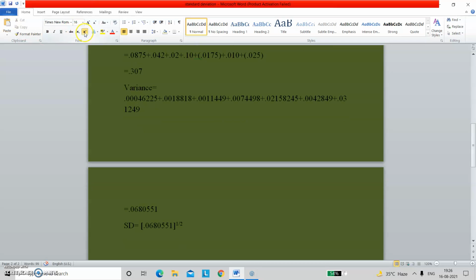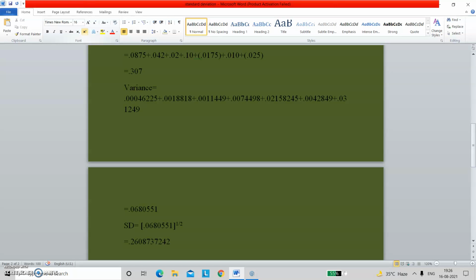So the answer would be, if we take the square root of 0.0680551, 0.2608737242.